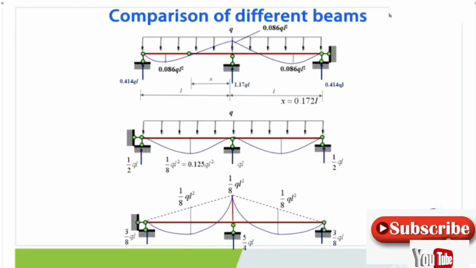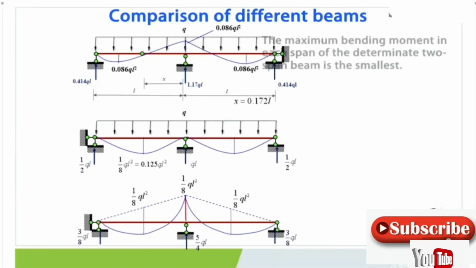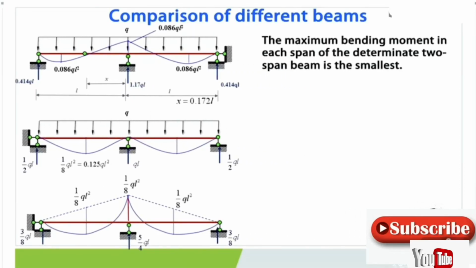For the continuous beam, the bending moment at section B here is QL squared over 8. It's larger than the maximum value of M for the determinate multi-span beam. So, the maximum bending moment in each span of the determinate multi-span beam is the smallest.